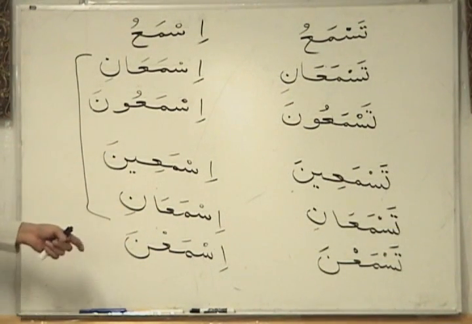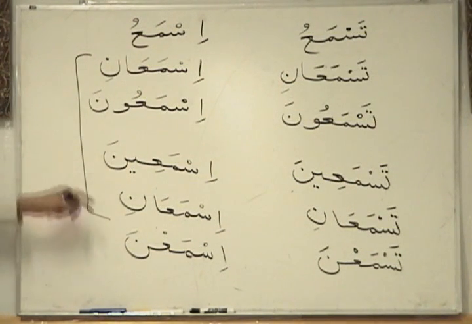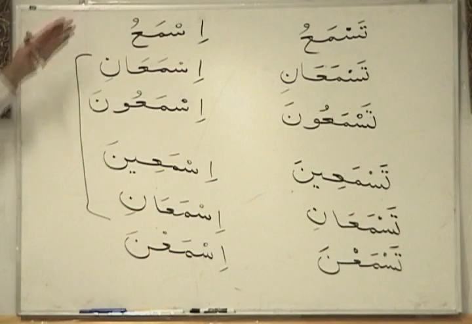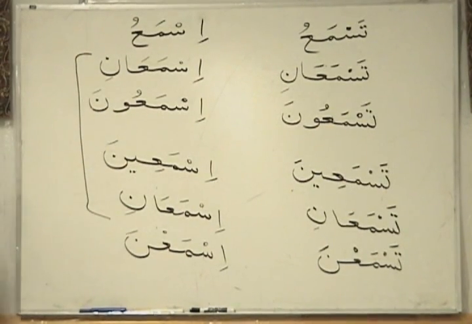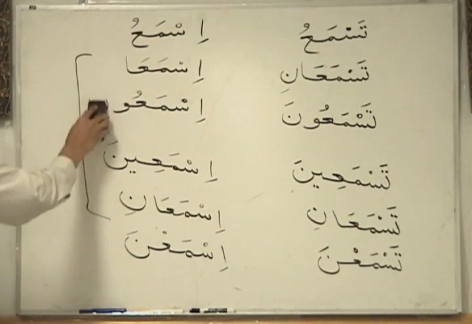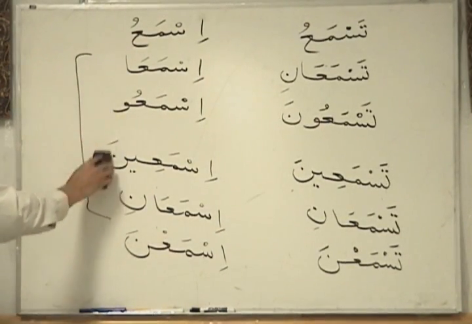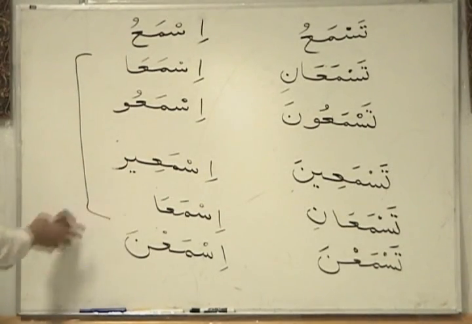Female, female, female. Singular, dual, plural. Singular, dual, plural. So leave the first one, leave the last one. The middle four, do this. Get rid of the noon. And that's the last step for these ones. You're done with these.